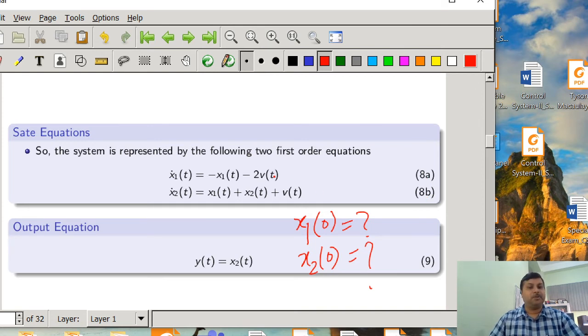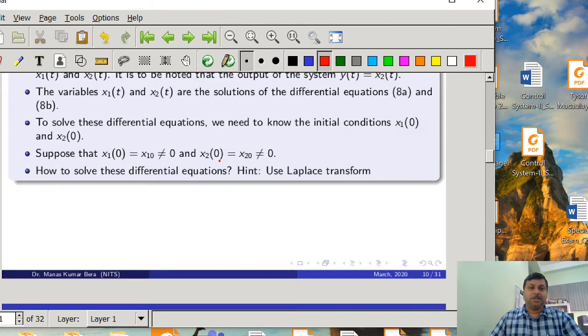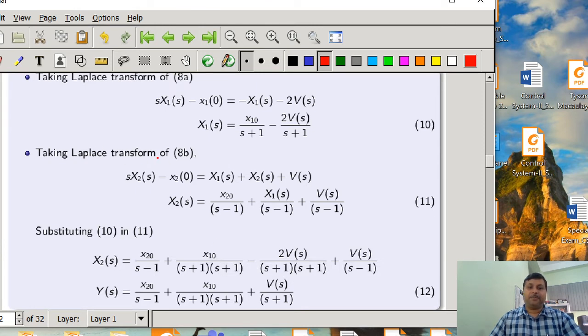One easy procedure is to use the Laplace transform technique to solve this differential equation. Taking the Laplace transform of equation 8a, we can find X1(s). Similarly, taking the Laplace transform of equation 8b, we can find X2(s). Here, as we have assumed the initial conditions x1(0) and x2(0), we have replaced them.